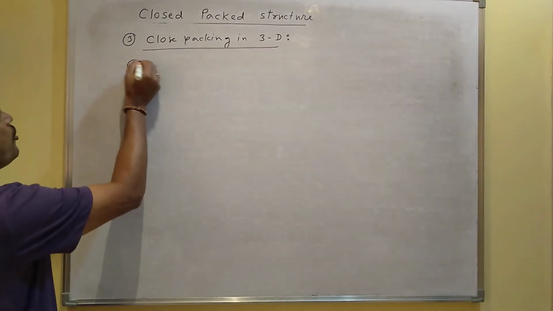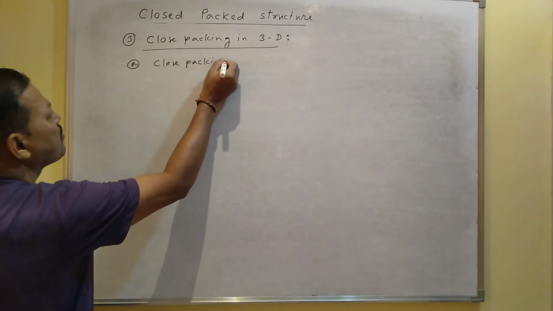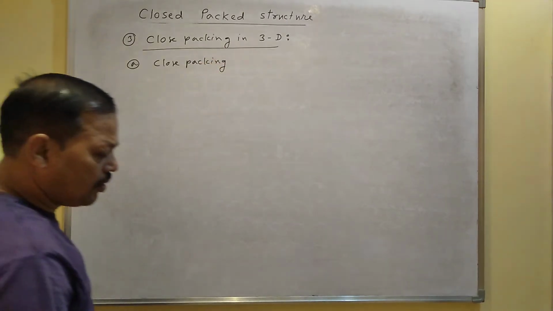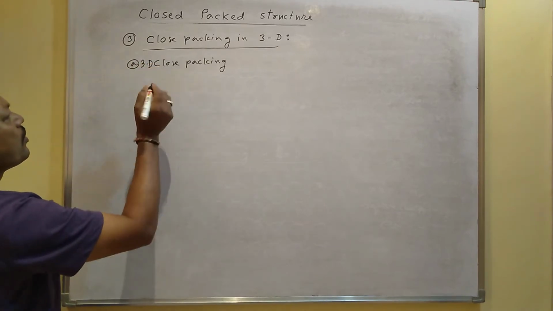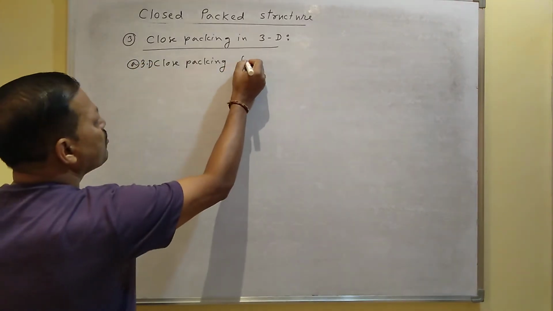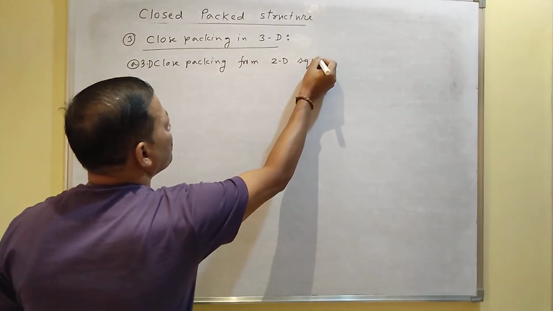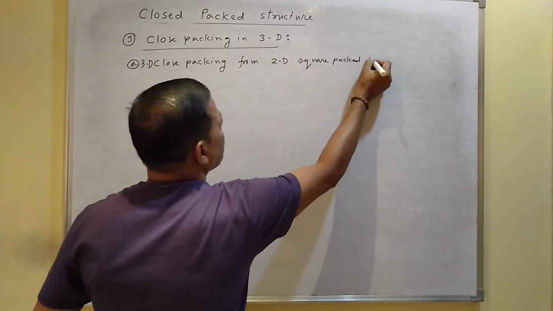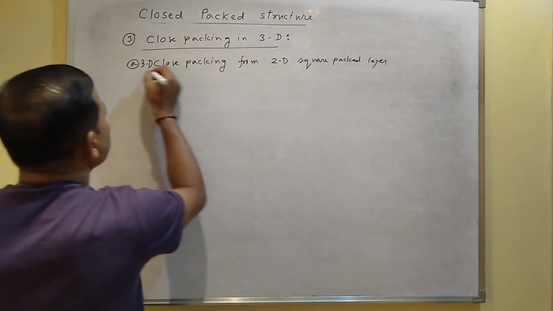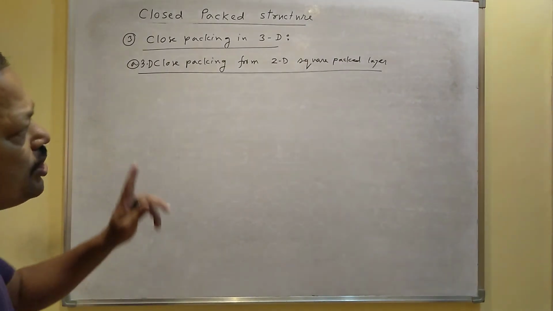Number A: 3D close packing from 2D square pack layers. So now I will draw the 3D packing from 2D square pack layers.